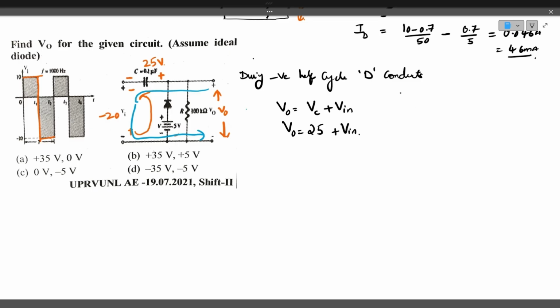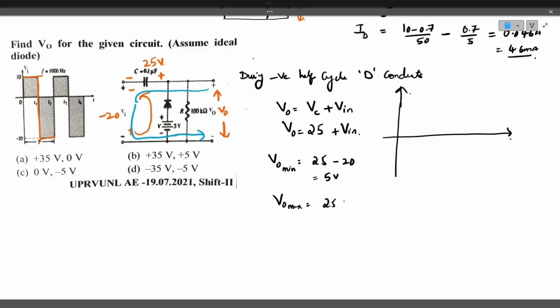If you redraw the output waveform based on this, the output waveform will be like this. V output minimum will be 25 minus 20, that is 5 volts. V output maximum is 25 plus 10, that is 35.